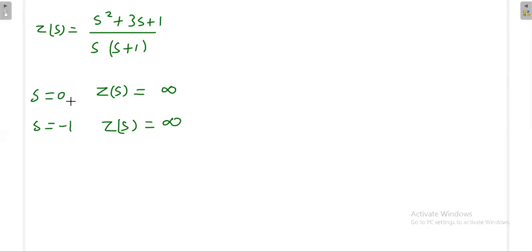What is the definition of the poles? A pole is a point where, if you substitute that value, the function value goes to infinite. So that's why s equal to 0 and -1 are called poles of the transfer function. The poles of the transfer function are the zeros of the denominator.